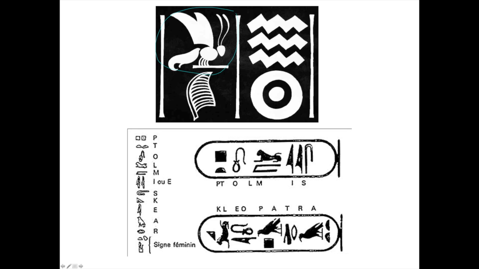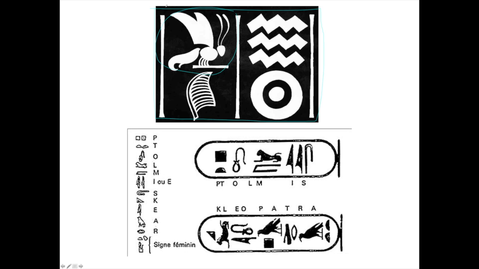So as they started to have a need to convey more complex ideas, they started to use a system called rebus writing. Rebus writing uses pictures to represent sounds to create words. So this whole square up here is an example of rebus writing.